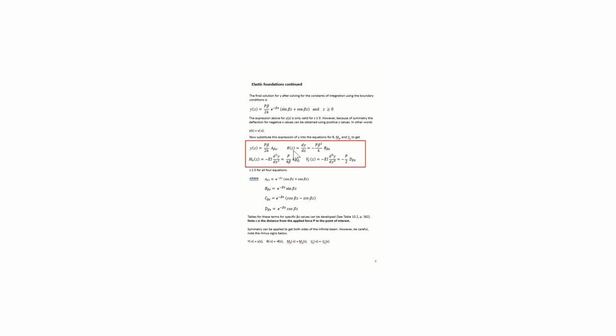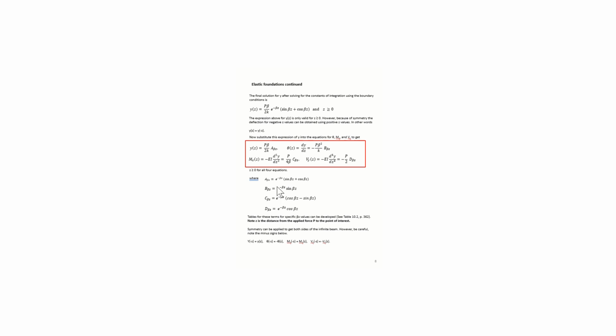For theta z, when we want to look at the slope, we can compute this equation by P beta squared over K B beta z. And then for Mx, we have a C beta z, and for Vy, we have a D beta z. And this A, B, C, and D beta z are given by these terms here.